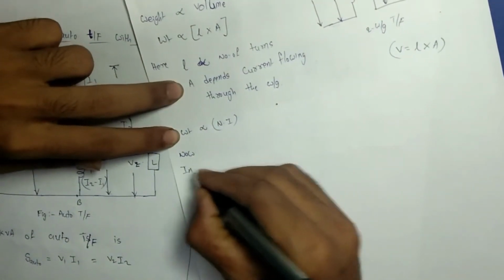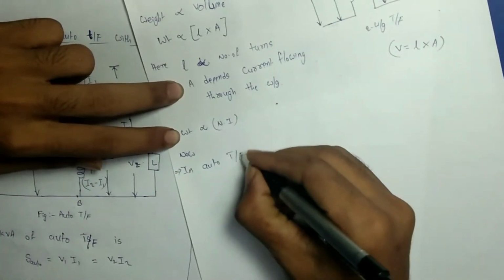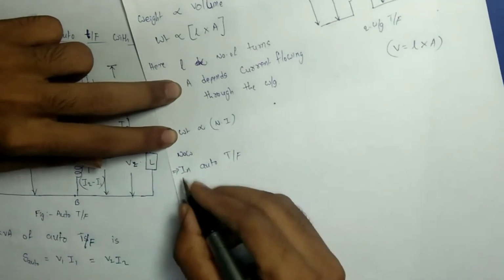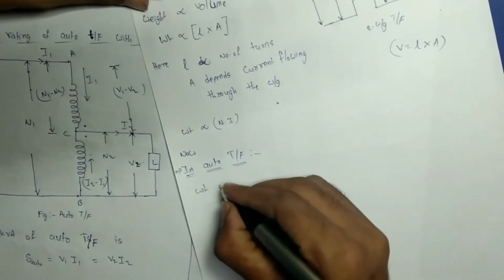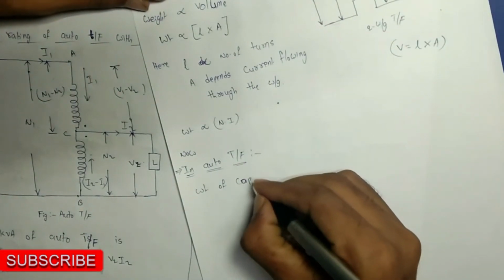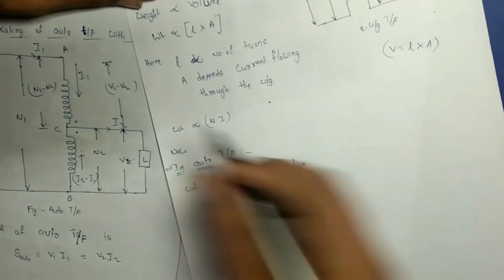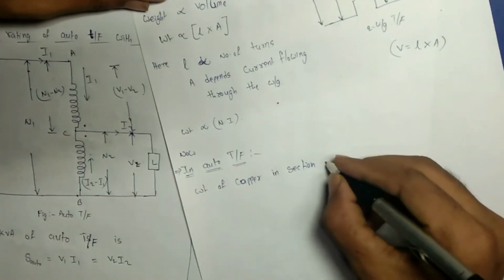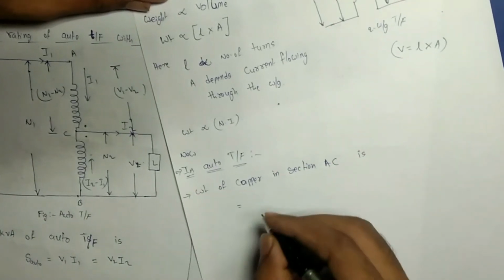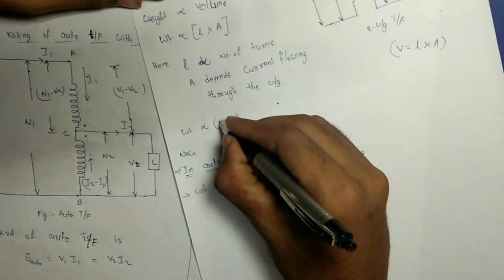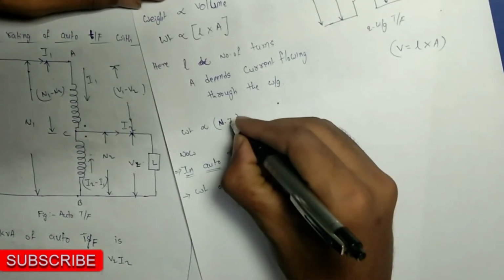Now first in auto transformer, weight of copper in section AC is, weight is directly proportional to product of turns and current.